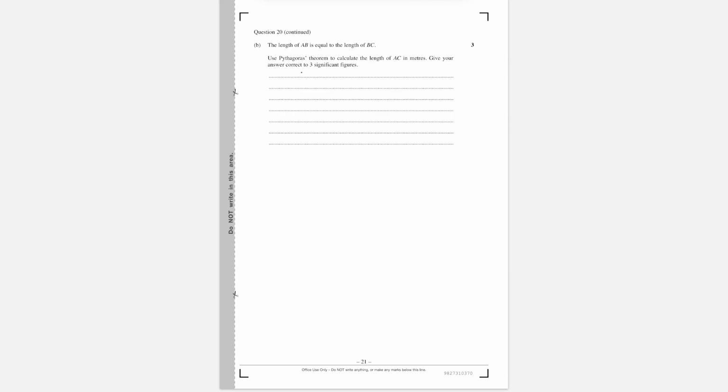So our Pythagoras' theorem is a squared plus b squared equals c squared. And we're trying to find out what c is. So just rearranging that, c is equal to the square root of a squared plus b squared, which is going to be the square root of 75 squared plus 75 squared.